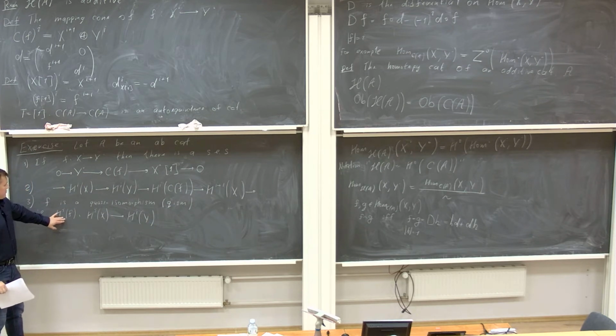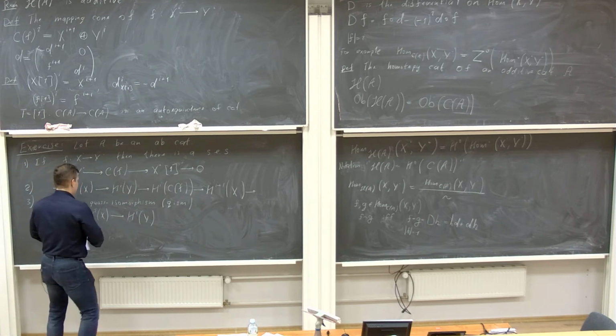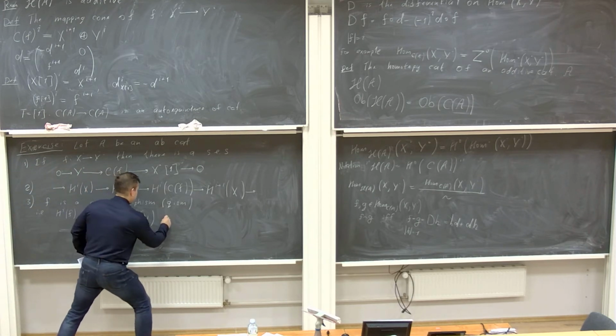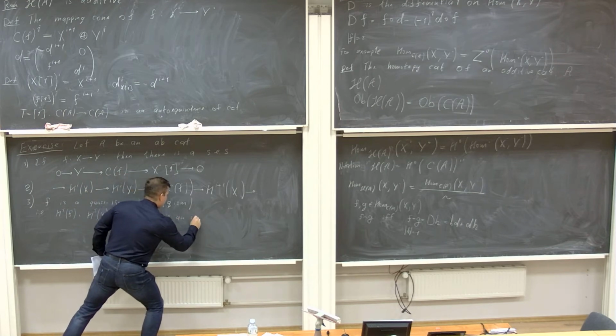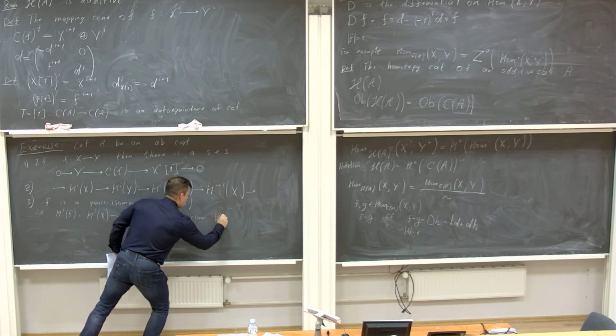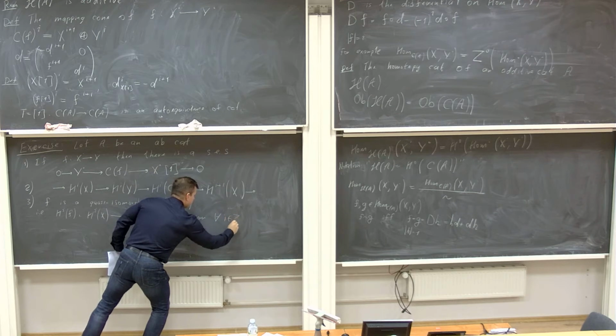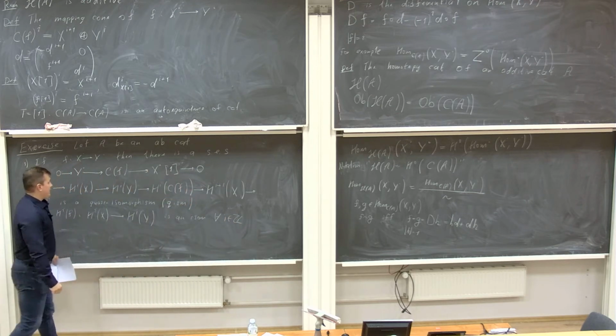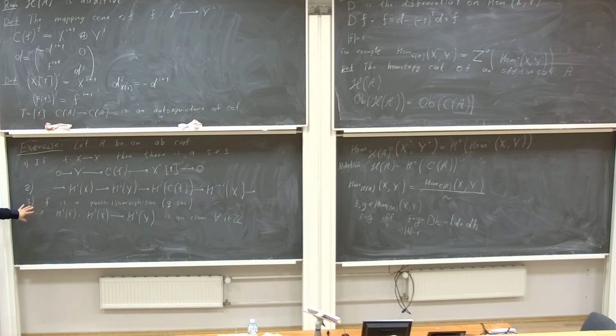All these maps, for any index i, are supposed to be isomorphisms, for any integer i. This is the definition of quasi-isomorphism.